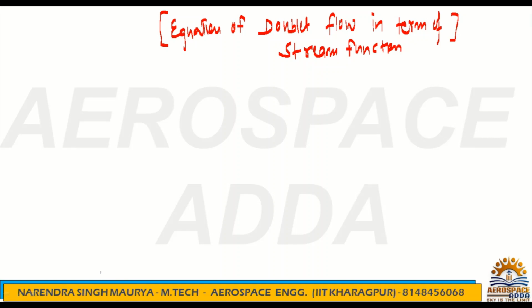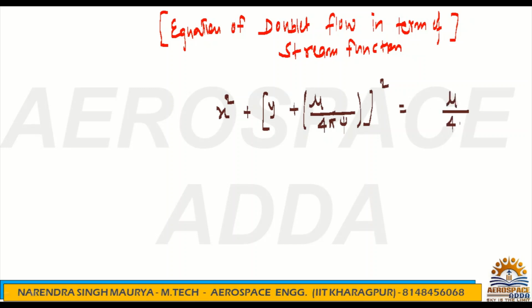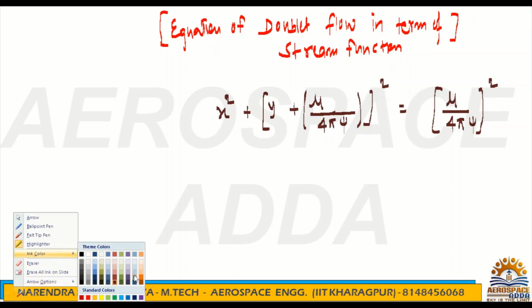Very important. The equation will be x square plus (y plus mu upon 4 pi psi) whole square is equal to (mu upon 4 pi psi) square.